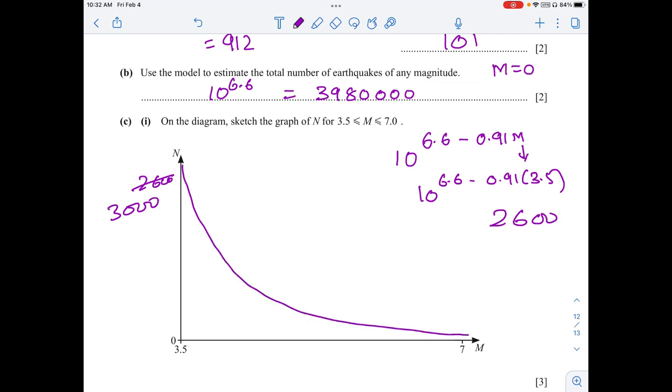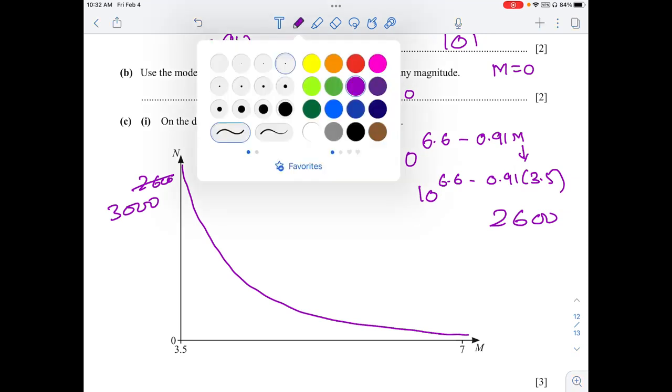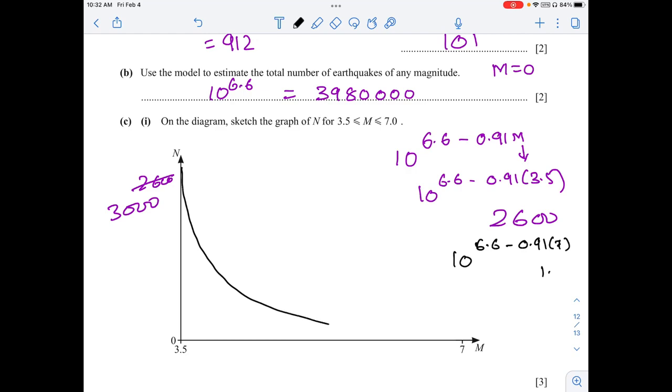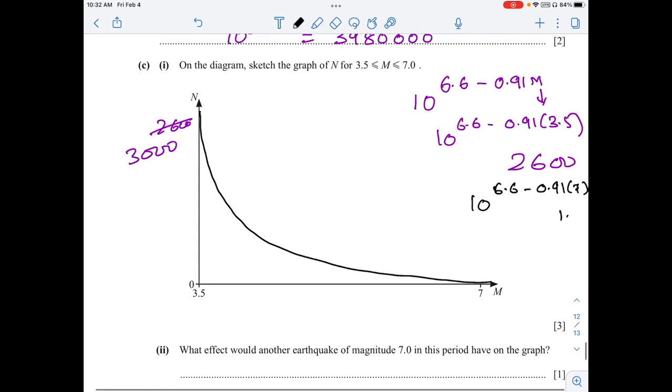At 7, it becomes very small. Checking 10 to the power of 6.6 minus 0.91 times 7, it should be around 1.6, which is almost equal to 0. So I'm going to draw this graph from 3000, reaching almost 0 at 7.